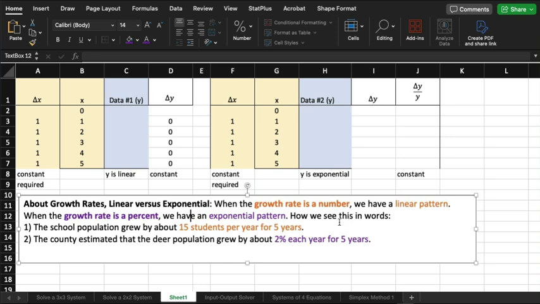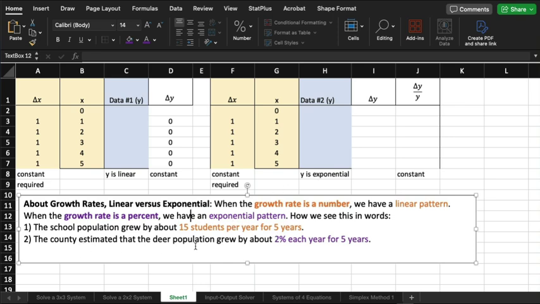So that is the fundamental difference between linear pattern of growth and an exponential pattern of growth. When it's given to you in a word problem, you're going to see the difference is that the rate of growth is given to you as just a fixed number, or it's given to you as a percent. Okay, when the growth rate is a percent per year or per time period, you're definitely going to have an exponential pattern there, and we're going to see that play out right here.